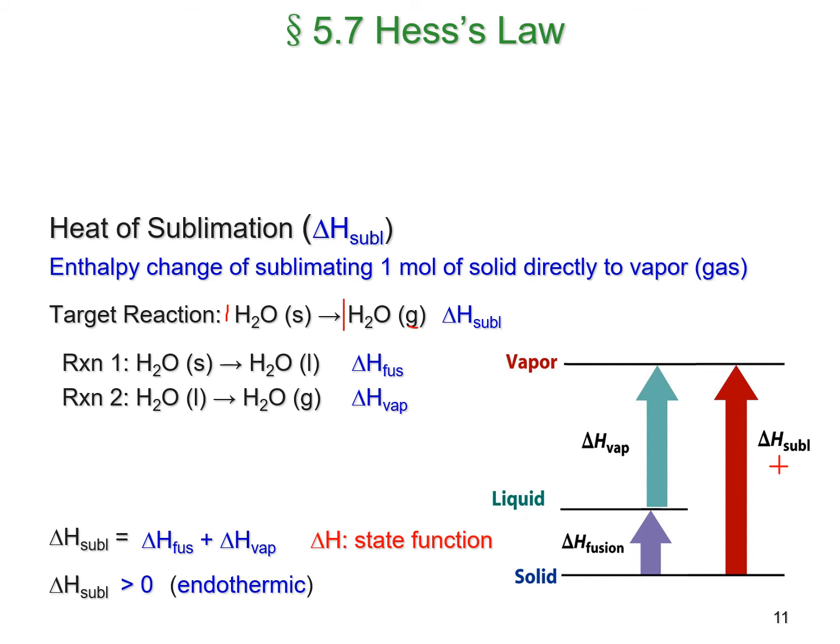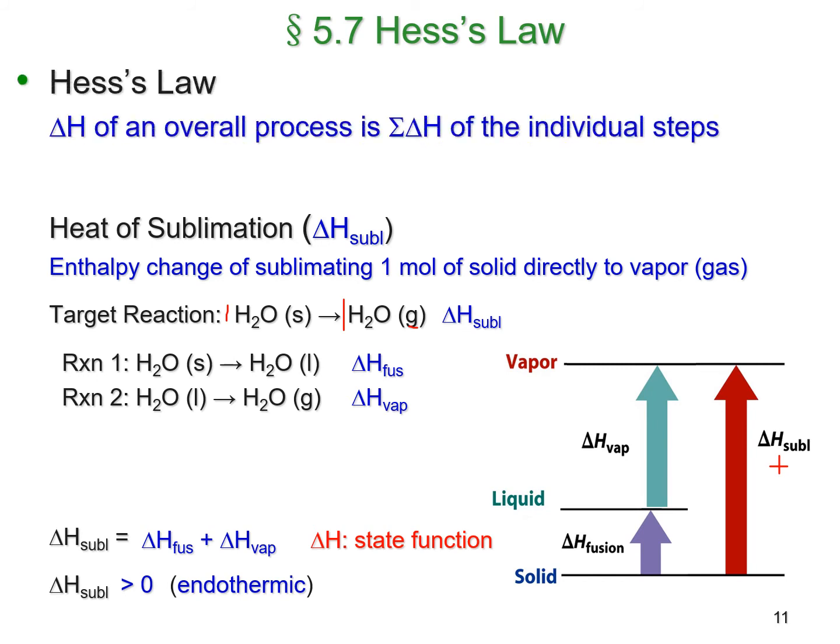This discussion, by having delta H of sublimation split into the 2 delta H's, is what we call Hess's law. So Hess's law is about how we can split one overall process into various steps.